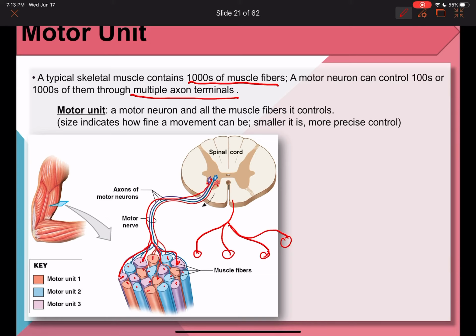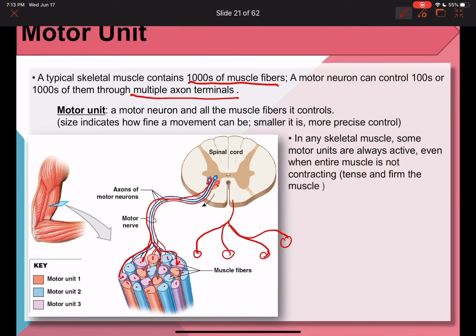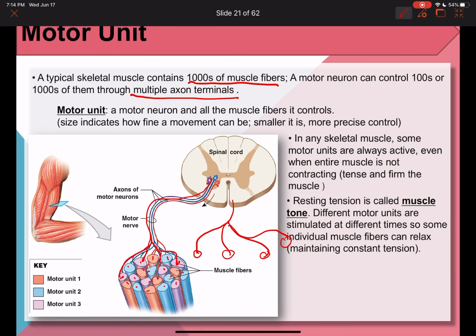Okay? All right. The other thing that we have to be aware of is that even when a muscle is not necessarily contracting, some motor unit is always active. This resting tension is what we know as muscle tone. So different motor units are always stimulated at different times so individual muscle fibers can relax.